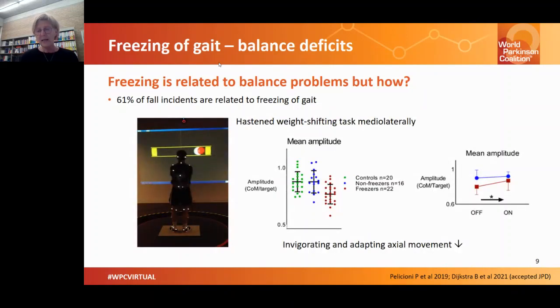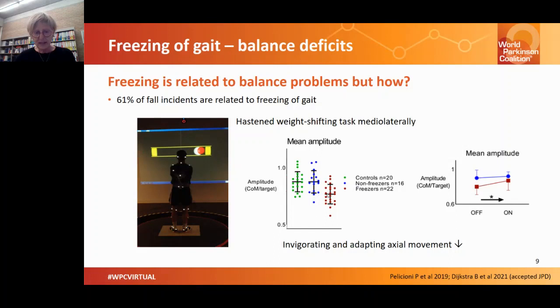And therefore, we recently did this experiment that we're about to publish, in which we asked 3 groups to perform weight shifting movements from right to left in relation to the white ball that is projected on the screen, which goes from right to left in a faster and faster fashion. And you see here that patients with freezing have a much reduced amplitude during their task.